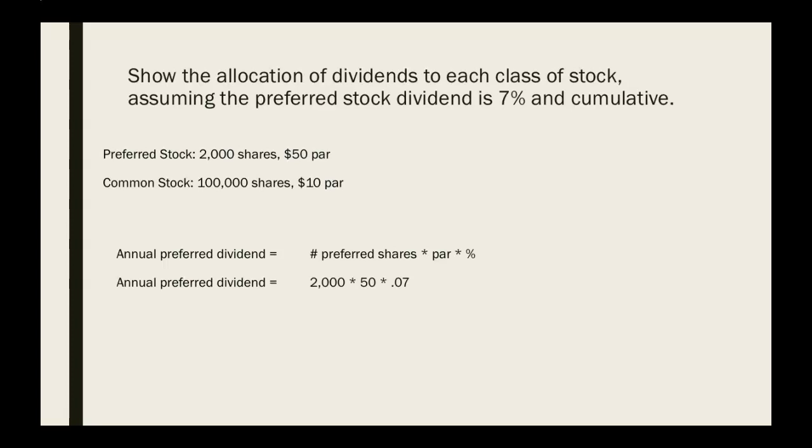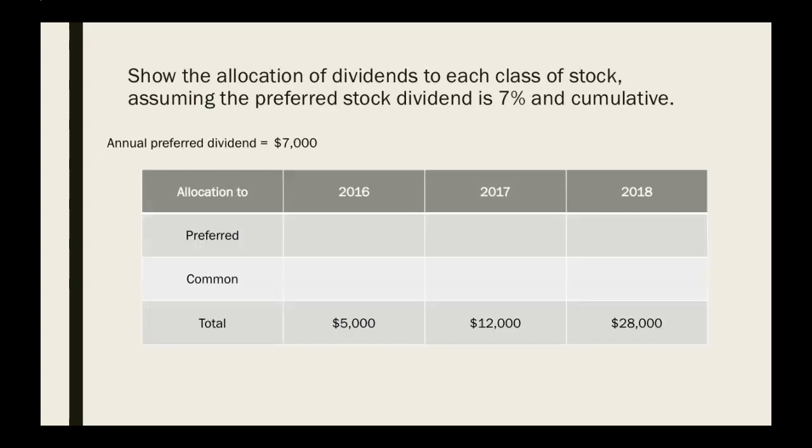So if we plug all of that into our formula, we get 2,000 times 50 times 0.07, which ends up giving us an annual preferred dividend of $7,000. So what that's saying is that every single year, your preferred shareholders should get $7,000 of dividends.